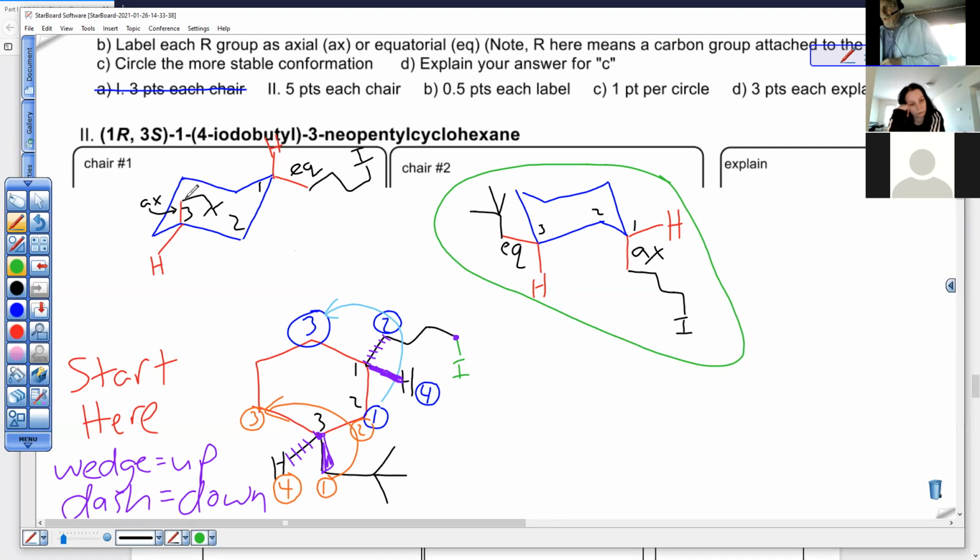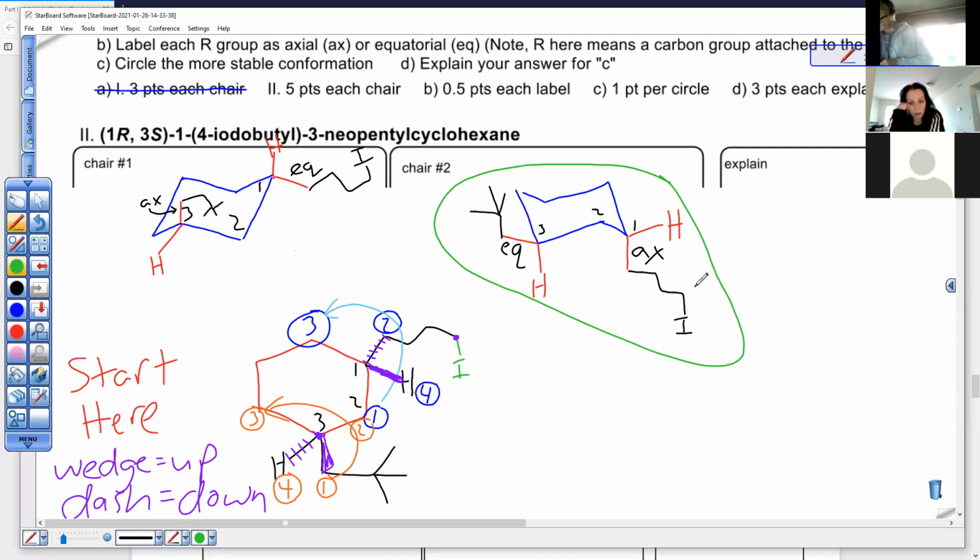And this is bulkier because there's branching here, 2 carbons away from the ring. It's hard to get the whole thing away from the ring. This thing doesn't have a bulky atom until 4 carbons away. So like it did over here, it's way away from the ring. Same here. I could have drawn a chair and put the iodine there where it's nowhere near axial H's.